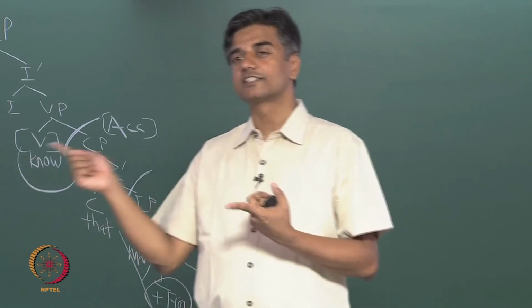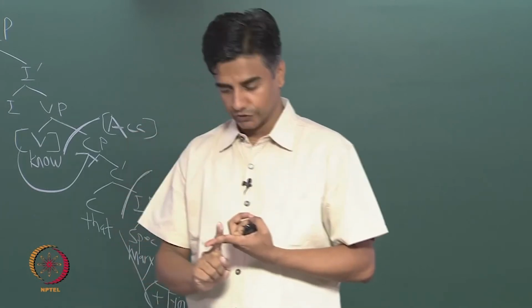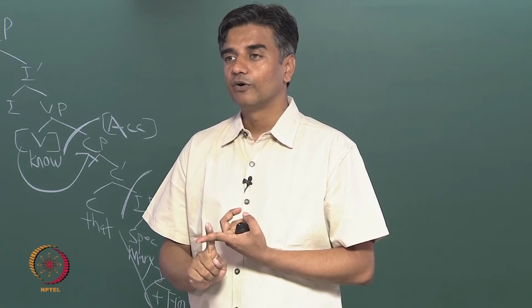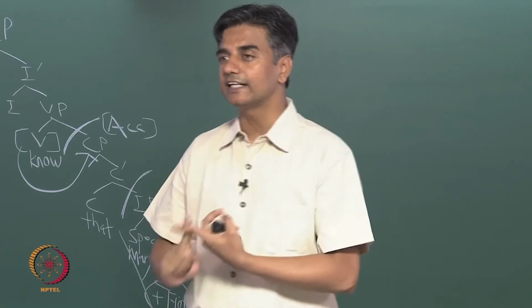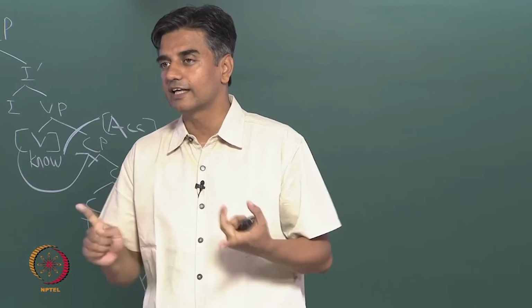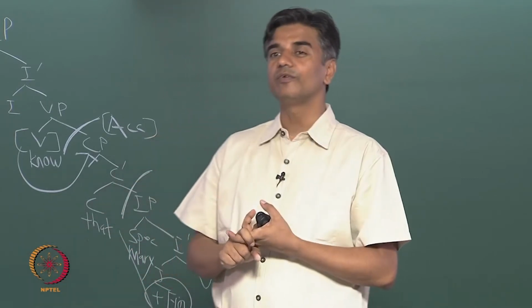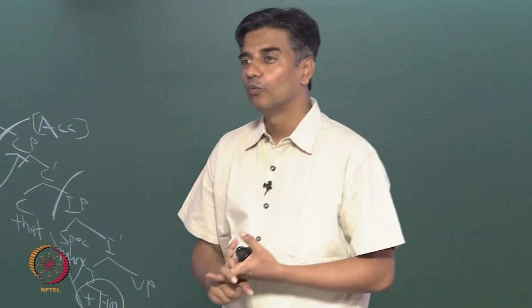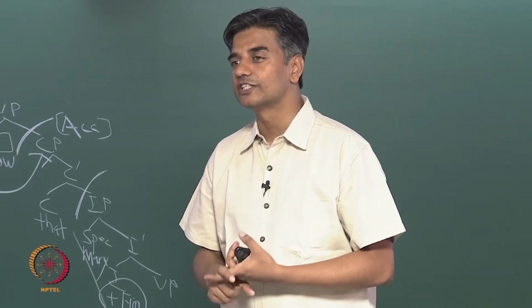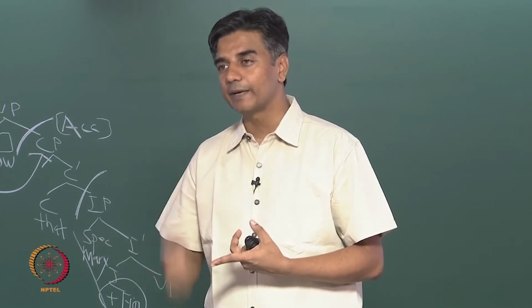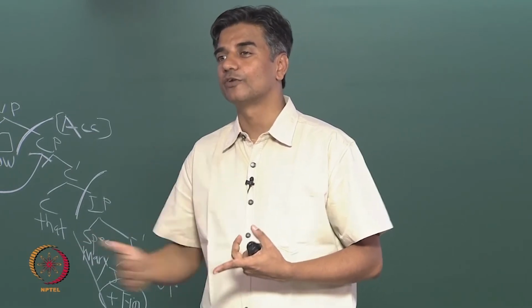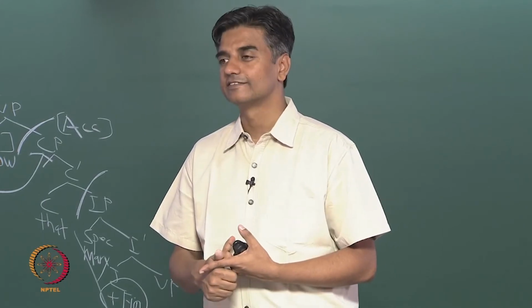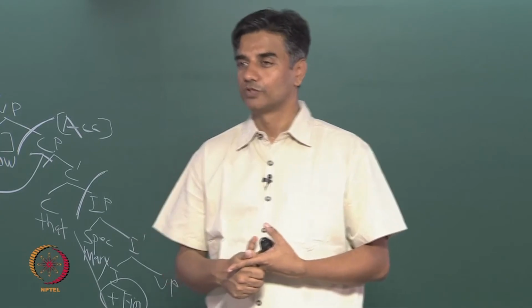When you saw the last example of exceptional case marking, what was the case assigner in that example? Which head assigned accusative case to the spec of IP which is non-finite? Verb. So what was the sentence? I want him to go.